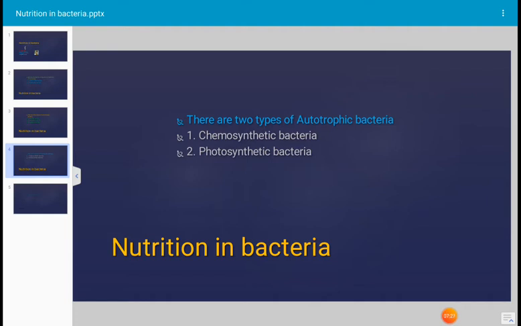Let us discuss what are the photosynthetic bacteria, or the photosynthetic mode of nutrition in bacteria. The second source of energy utilized by living things is sunlight. There are two types of photosynthetic bacteria: number 1, the green bacteria, and number 2, the purple bacteria.